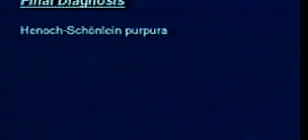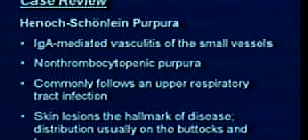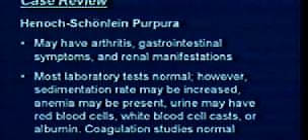Some parents may ask you, if they do have a component of hematuria, how many of the patients go on to chronic renal failure or chronic renal disease? And the answer is going to be it's very minimal. Other things that you need to be aware of is that if you have a Henoch-Schönlein purpura case, most laboratory tests are going to be normal.